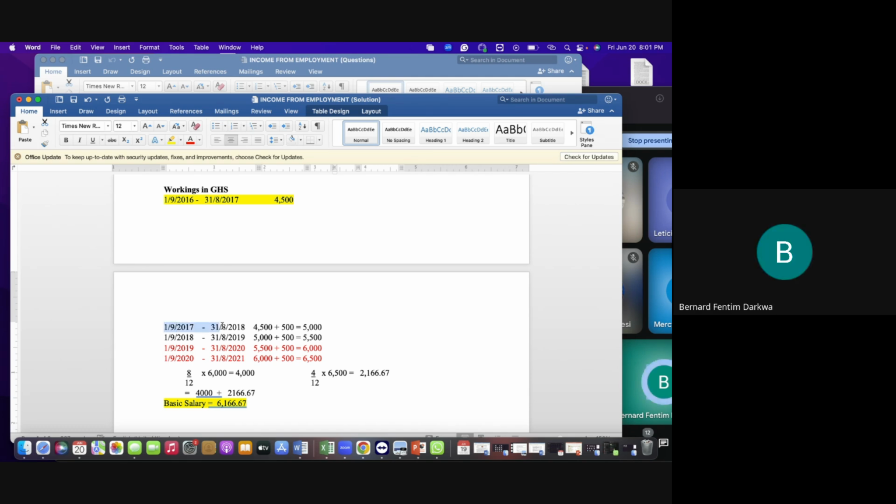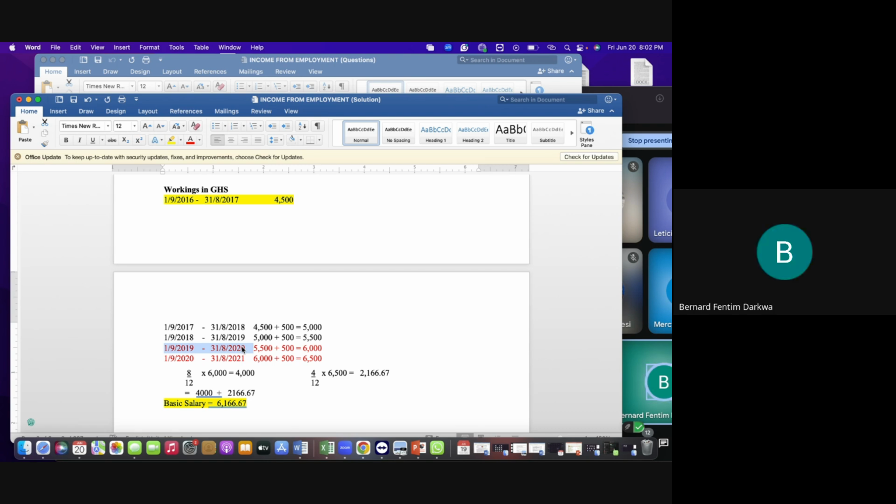Then 1st September 2018 to 31st August 2019 is another full year. And 1st September 2019 to 31st August 2020 is also one full year. My question has to do with why we divided that 6,000 by 8 out of 12.